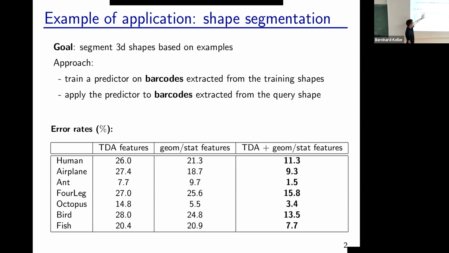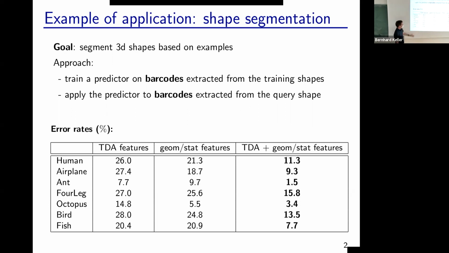The first batch was derived from TDA. The second batch was derived from features from the field of geometry processing. So those features are based on statistical or geometric quantities. And then we trained the classifier with both batches at the same time. And the numbers that you see here are the error rates of the classifier, or the predictor, on the test shape.